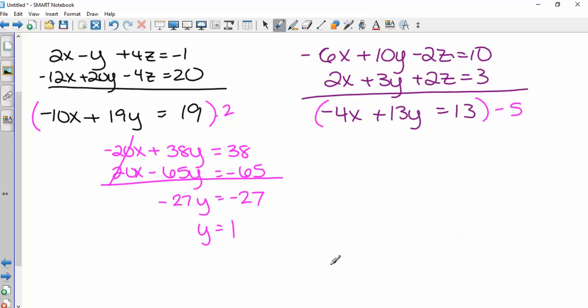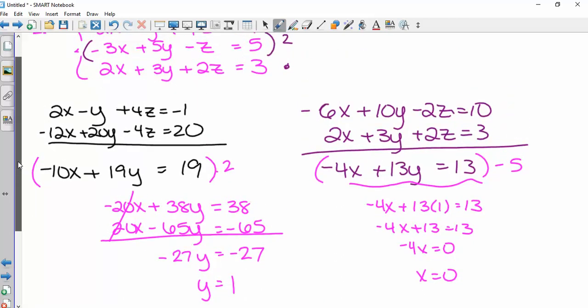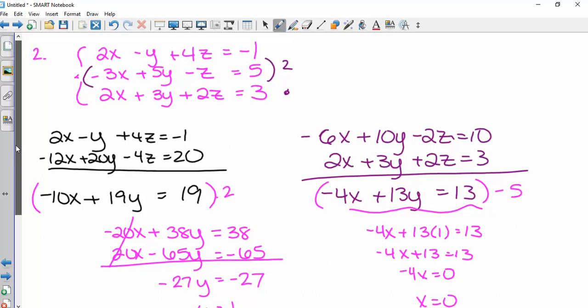Alright, once you have y, it's just a series of working backwards to get the others. So maybe I'm going to go to this equation. If I plug in 1 for my y, negative 4x plus 13 equals 13. Subtract over the 13. We get x equals 0. So now x is 0 and y is 1, so we can go back to the beginning and plug it in for any of them.